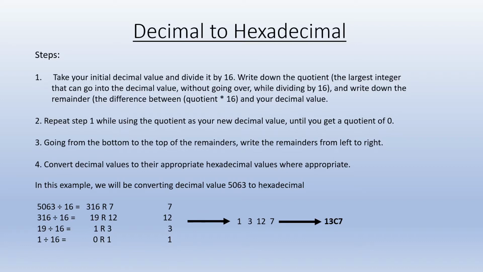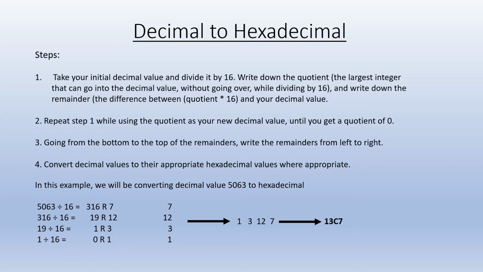The difference between 5063 and 5056 is 7. So that's the remainder. As I stated in step 2, you're going to take the quotient, which is 316, and now it's going to be the new decimal value that you're working with. So you divide 316 by 16, you end up getting a quotient of 19 and a remainder of 12.